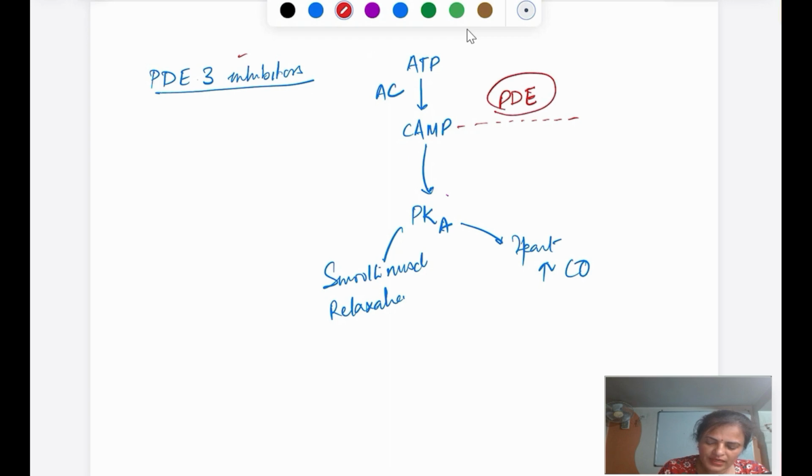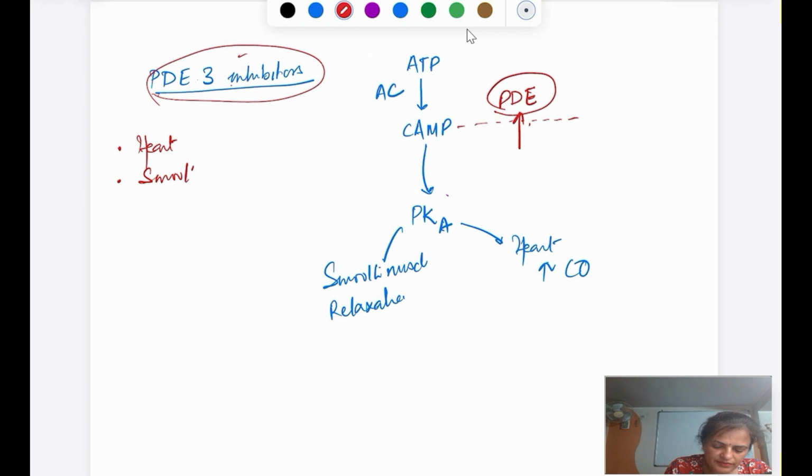Now if I give a phosphodiesterase 3 inhibitor, where is it present? It is present in the heart, number 1, and number 2 in the smooth muscle, number 3 in the smooth muscles of blood vessels and smooth muscles of bronchi.